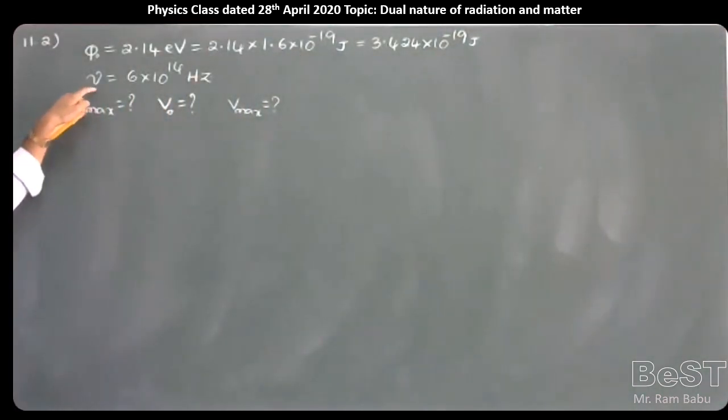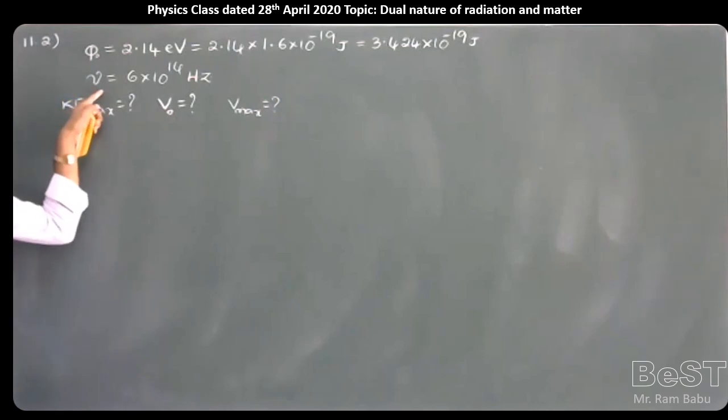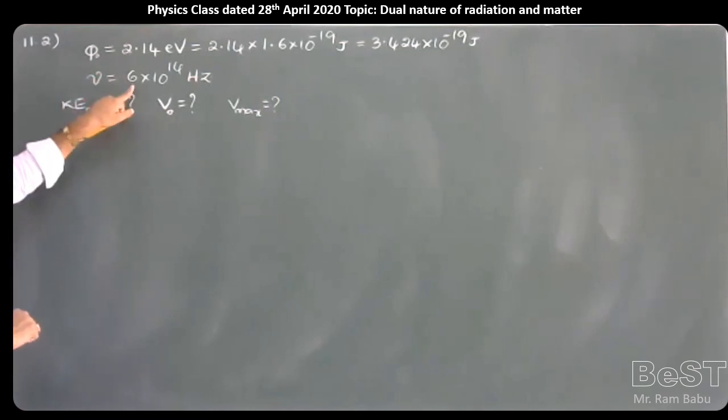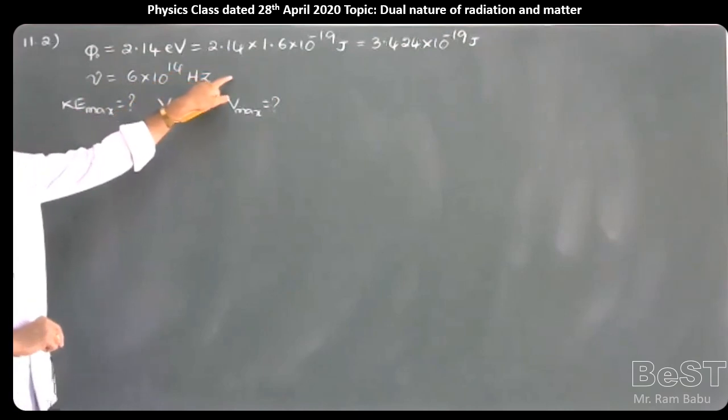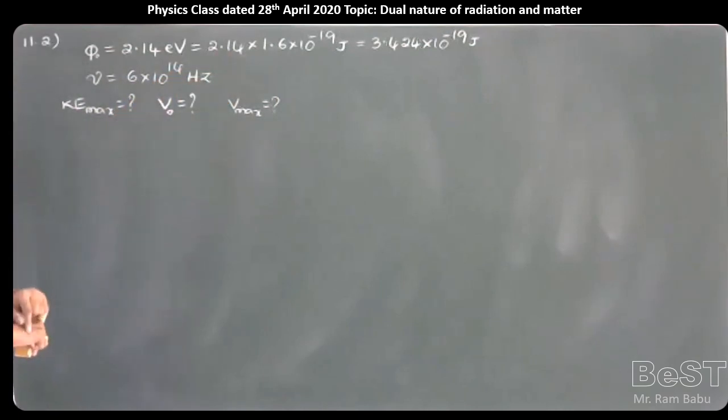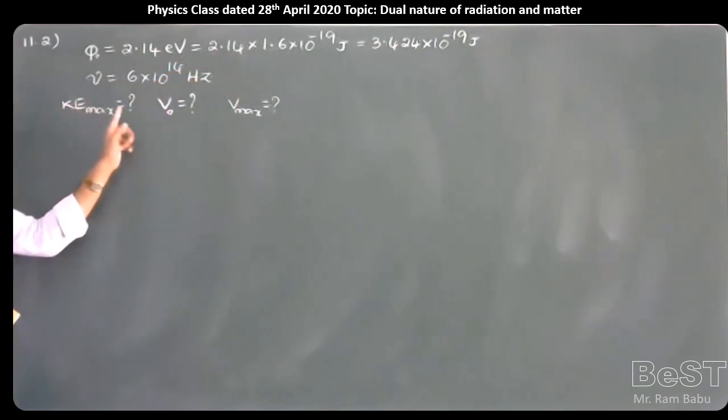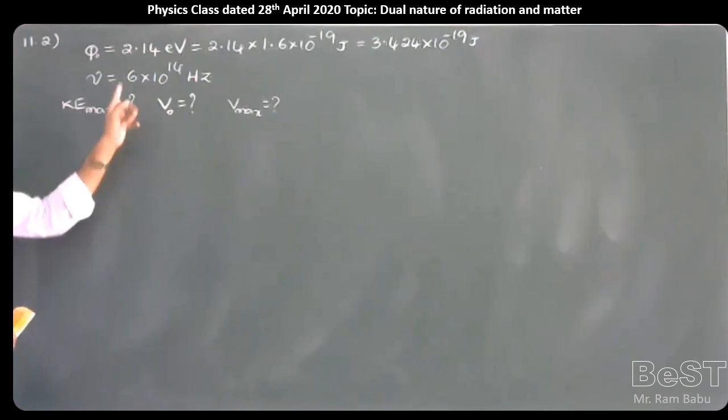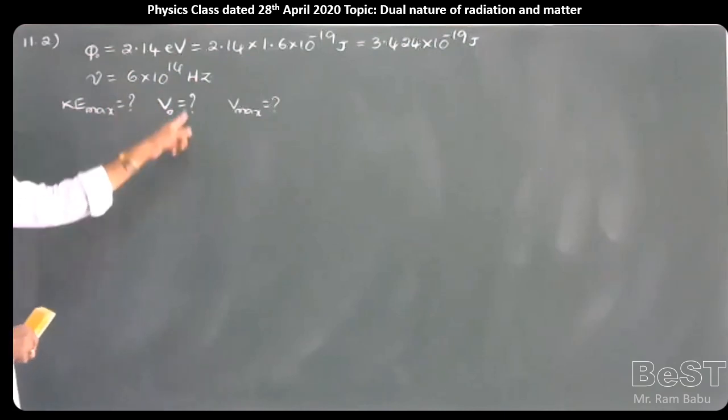Next, the frequency of the incident light is given as 6 into 10 to the power of 14 hertz. That's okay. Now the questions: first, what is the maximum kinetic energy of photoelectrons? What is the stopping potential V naught? What is the maximum speed?